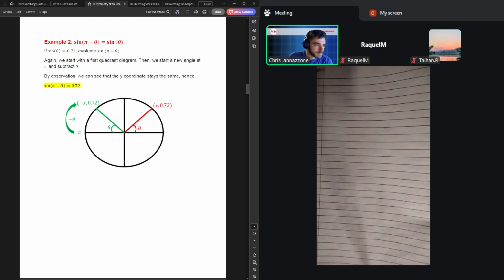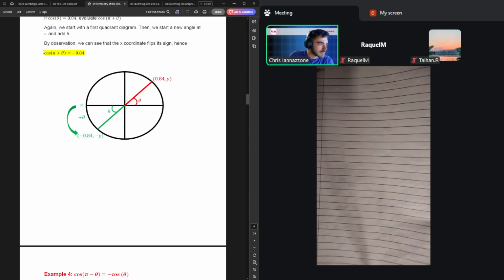Everything else stays the same. So because we're only interested in the y value, since we are interested in sine here, the y is going to maintain. You can see horizontally speaking, only the x would change in that case. So if you want to do sine of pi minus theta for that particular value, it stays the same.